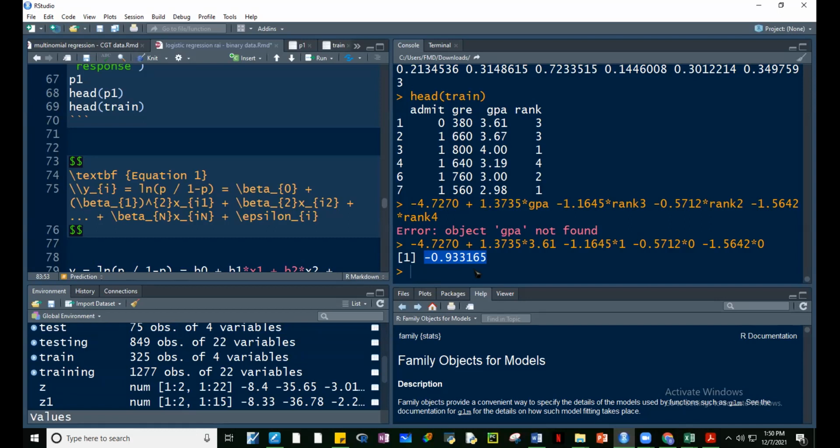Okay, so ang P natin will be, so that's exp. That's e, no? Sa R, ginagamit natin yung exp. Divided by exp to the 1 plus, mali, no? So this should be parenthesis 1 plus.